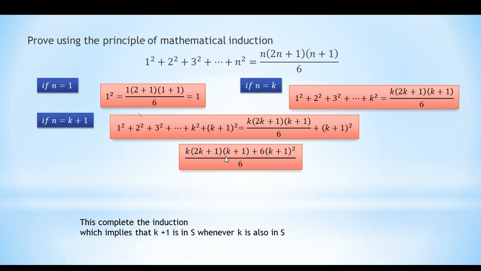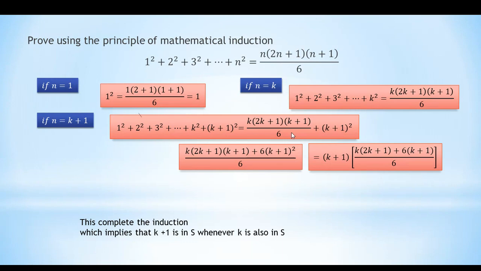They have the common denominator 6, so we simply multiply 6 by (k plus 1) squared to get this equation. Now, by factoring k plus 1, what is left in the equation is k(2k plus 1) plus 6(k plus 1) over 6.